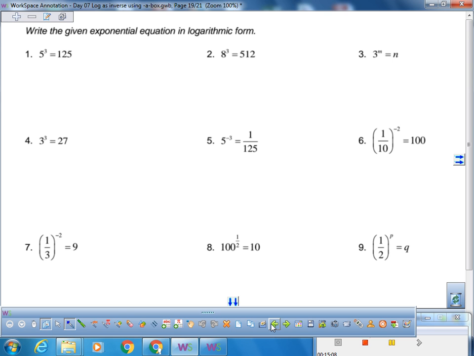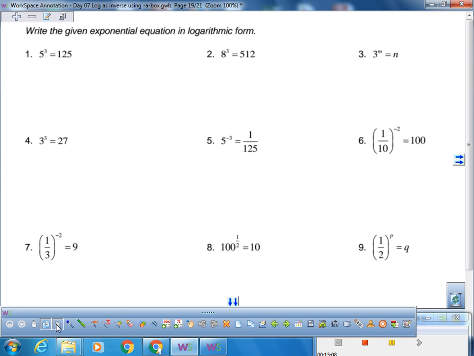Okay, so let me explain the homework and then I'm going to give it to you and let you guys work on it. So for the first 9 problems, it says, write the given exponential equation in logarithmic form. So all you're doing is writing it in log form. Bryce, put that away, please.